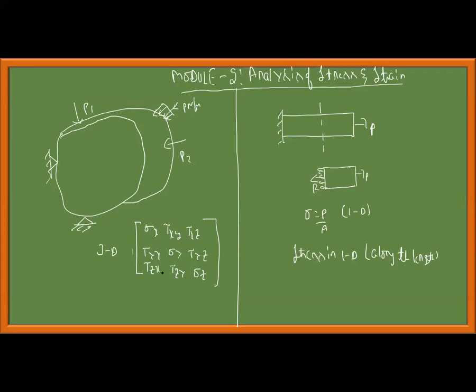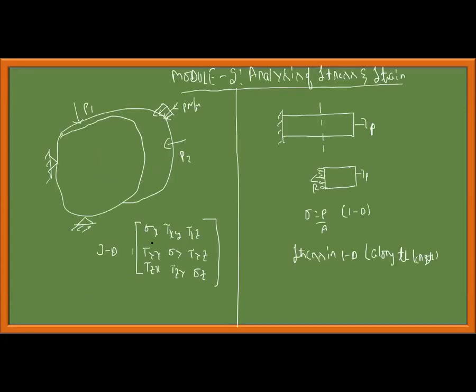Okay. See, there are 9 stress components which are required. If I know the 9 stress components, I can solve any problem at a given point. What you have to know is, for example, if I consider a plane like this, there are infinite number of points.